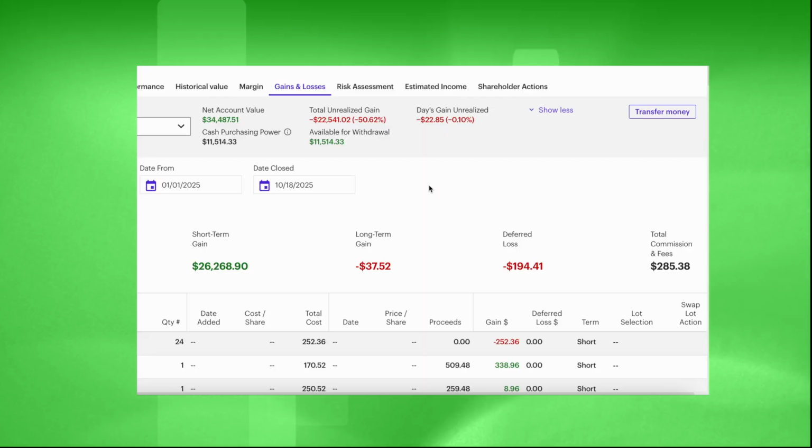Okay, so this is a snapshot of my portfolio, and you can see that the overall value is $34,487, and I currently have $11,514 in cash. And for the year, starting January 1st, 2025 to October 18th, 2025, I have made $26,268.